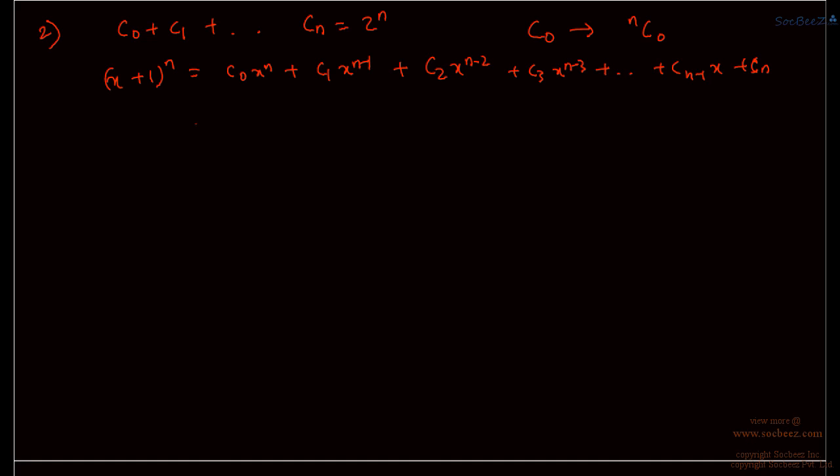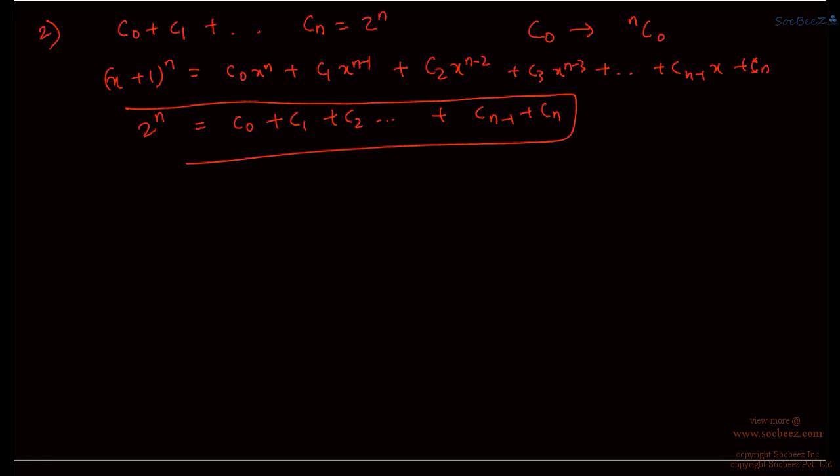I see that my left hand side becomes C0 plus C1 plus C2 till Cn minus 1 plus Cn. Whereas on the right hand side I have 1 plus 1, that is 2 power n. Right? So this is how we get our well-known result, that the summation of C0 till Cn gives us 2 power n.